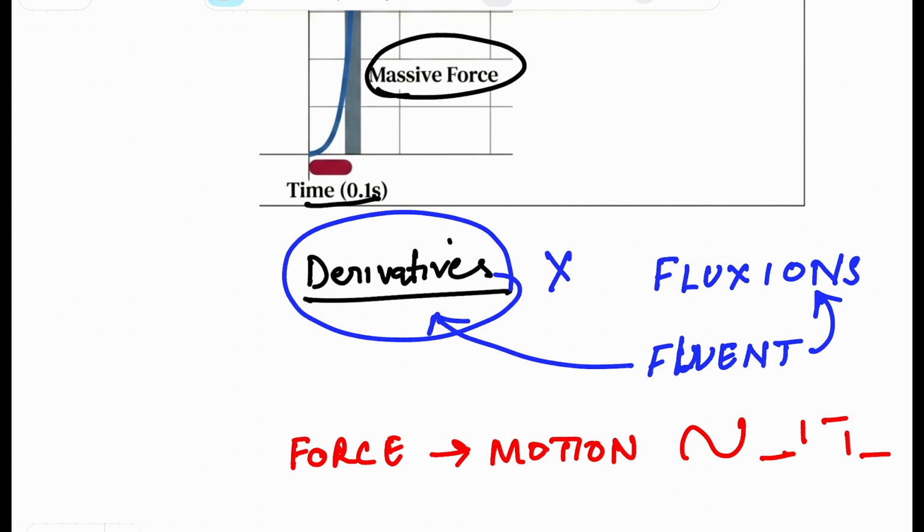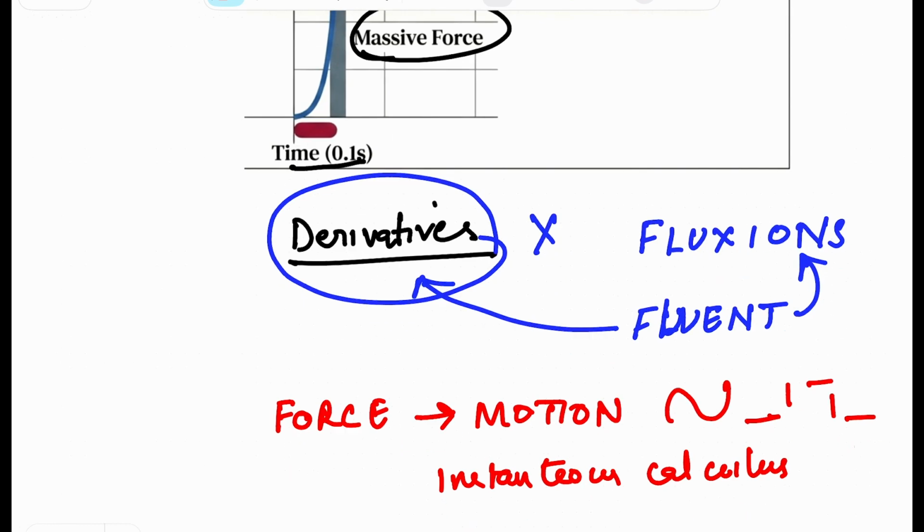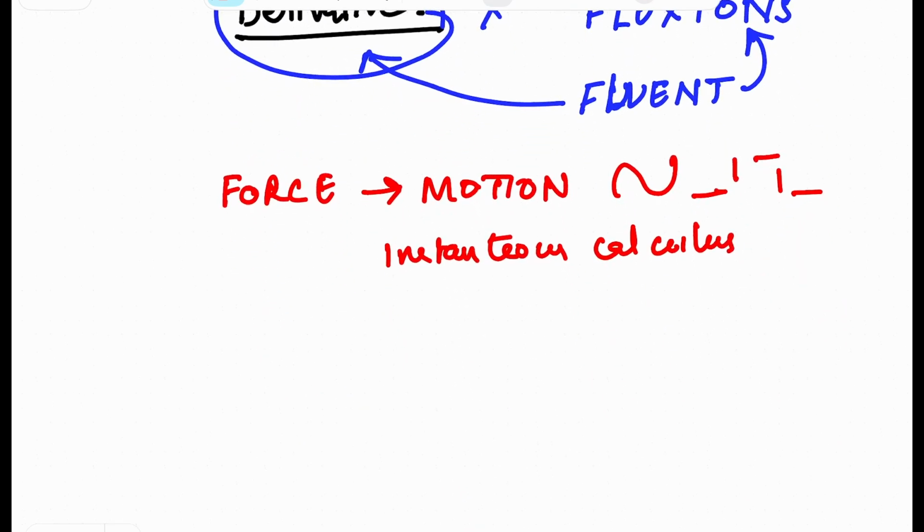And the mathematical language that describes this instantaneous change is called calculus. See, Newton here did not use calculus because it existed. He helped create calculus because physics demanded it.